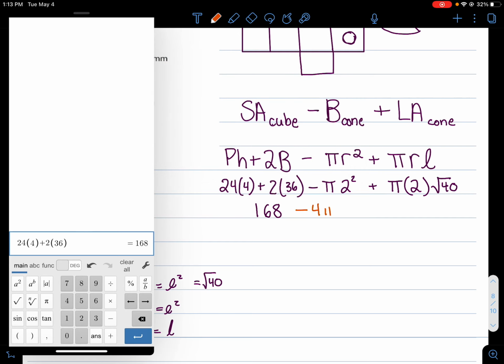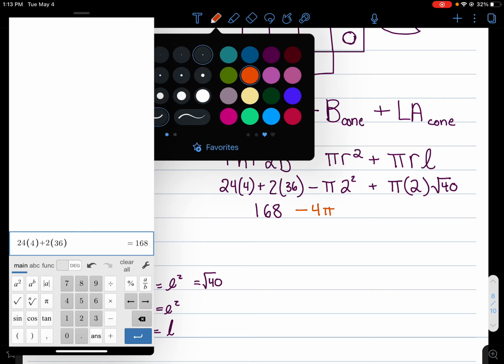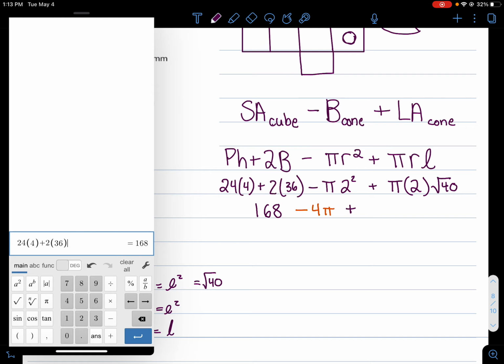We're going to subtract 4 pi and then add, going to go ahead and get a decimal there. 2 pi times radical 40. So add 39.74.